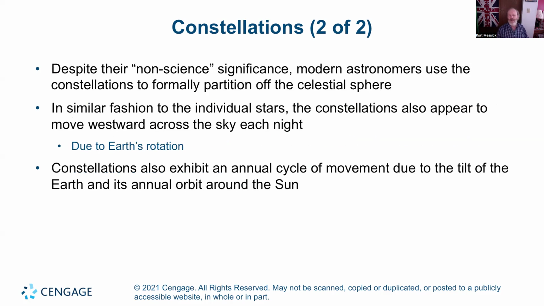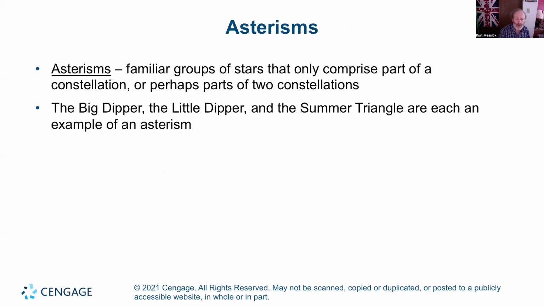So constellations will come and go depending upon which part of the year we're in. Orion, for example, is prominent in the fall and the winter. Some, however, if they're close to the poles, like the Big Dipper and Little Dipper, will be there all year round for us. Asterisms are parts of constellations. So the Big Dipper technically isn't a constellation. It's part of a larger constellation called the Ursa Major, the Big Bear.